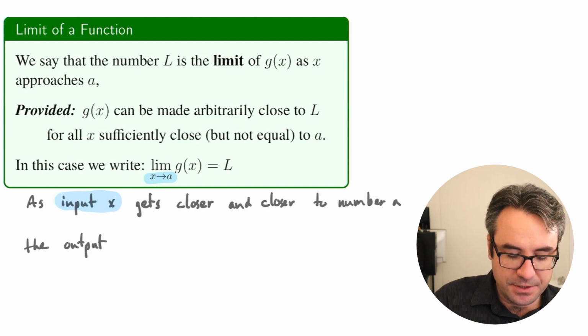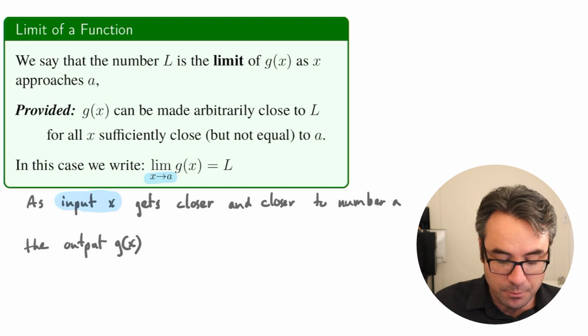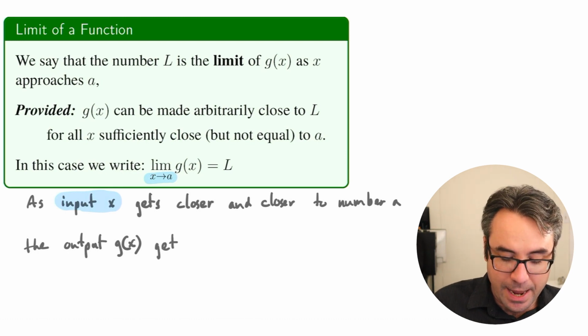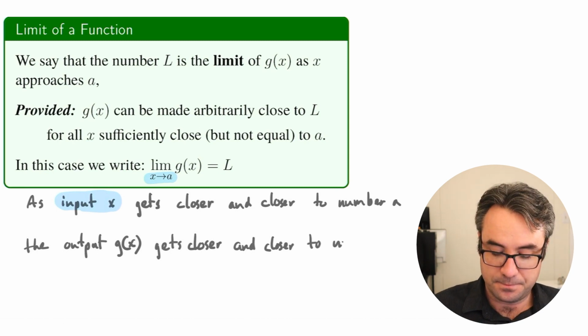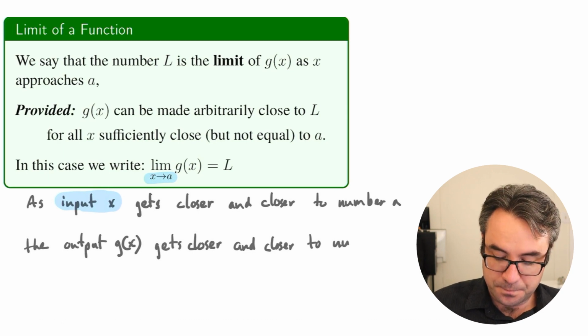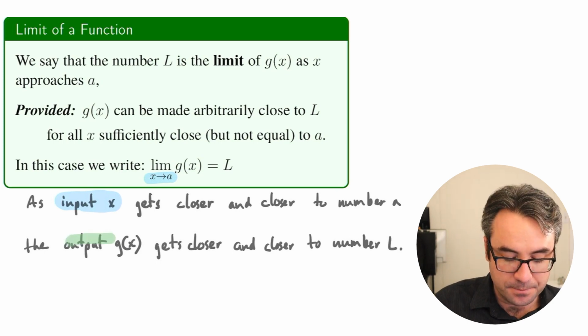We're going to take all of these inputs and plug them into our function, and that's going to give us the output. And we're going to see what happens to our output. Our output gets closer and closer to the number L. And this is what a limit is measuring.